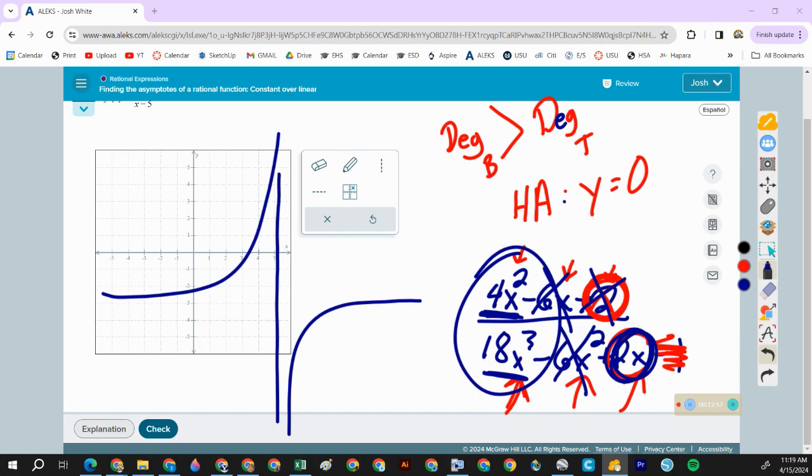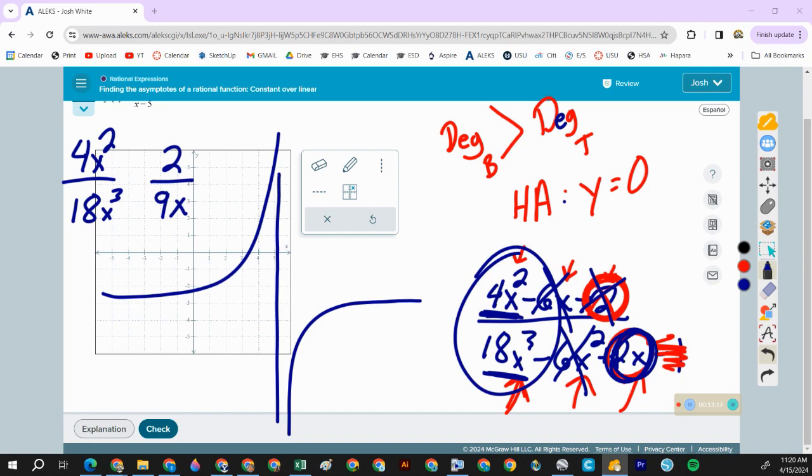So if I take 4x squared over 18x to the third, that's going to simplify down to 2 over 9x. Would you agree?